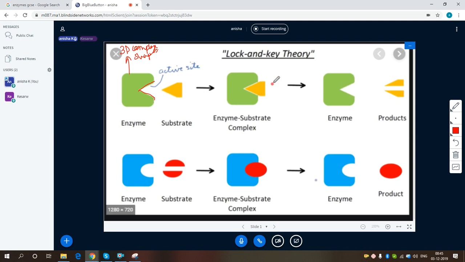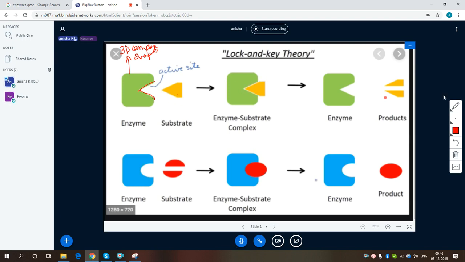Now, in this lock and key theory or hypothesis, the shape of the active site should match the shape of the substrate molecules. If you see here, only if they are matching, this enzyme will help the substrate to come and bind with it, right?